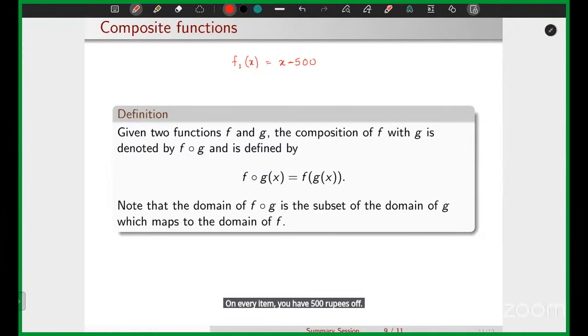All right. So f1 of x is the discounted price. But on every item you also have, let's say, some tax. So f2 of x is the price after tax.